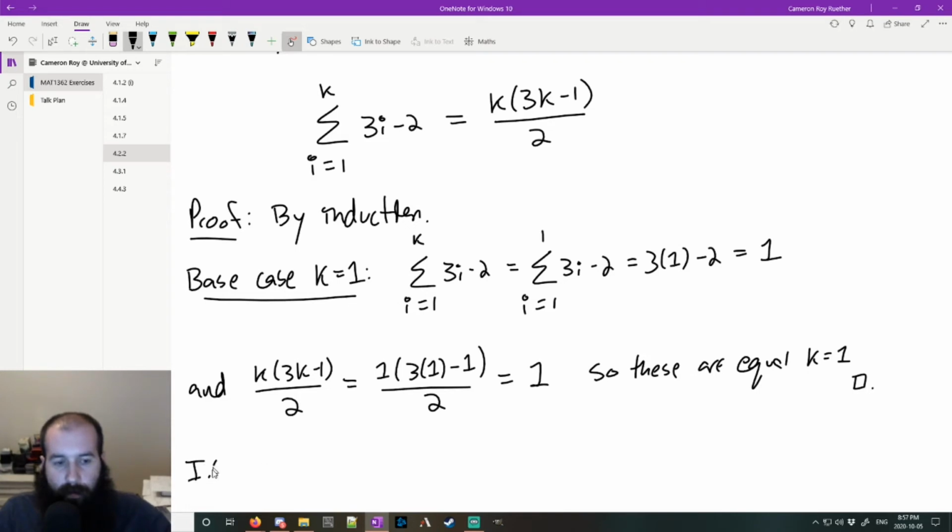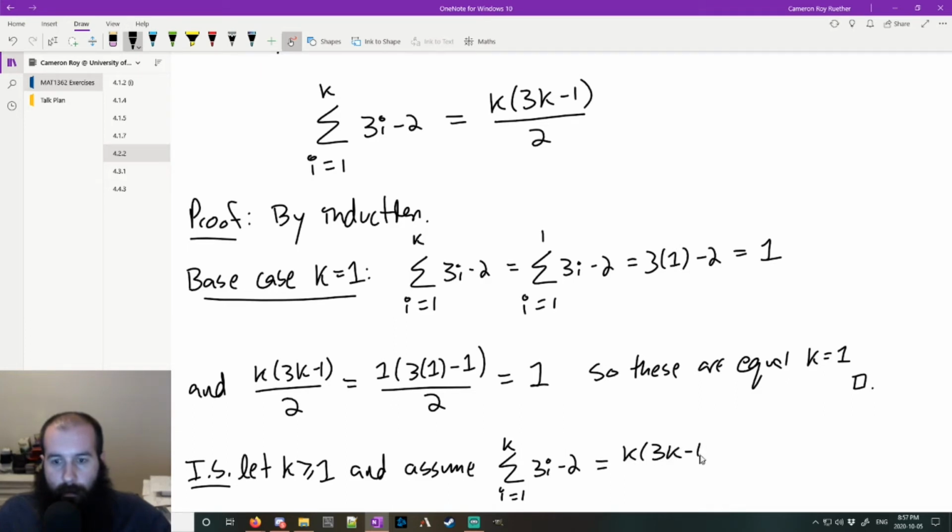So now for our inductive step, we're going to let k be greater than or equal to the base case, and we're going to assume the conclusion at k, which is we're just going to assume this entire equality. The sum from 1 to k of 3i minus 2 is this expression here.